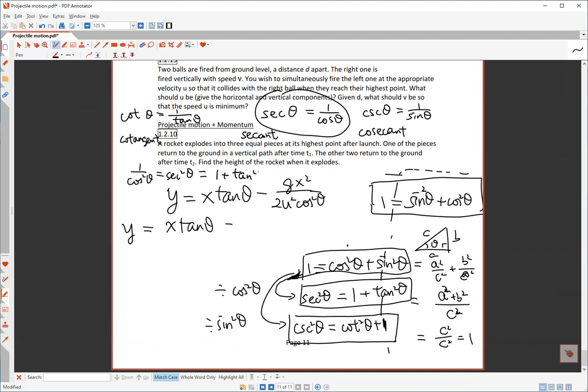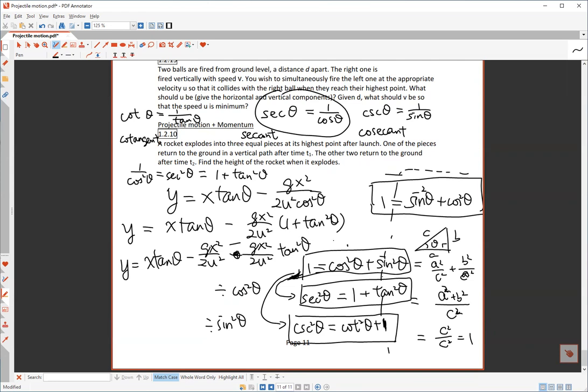That's 1 plus tangent squared theta. Oh, sorry, this minus sign here.